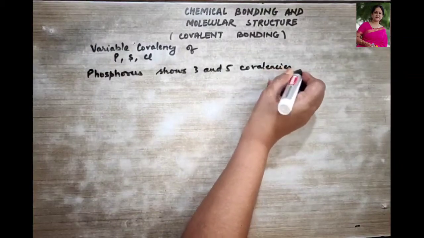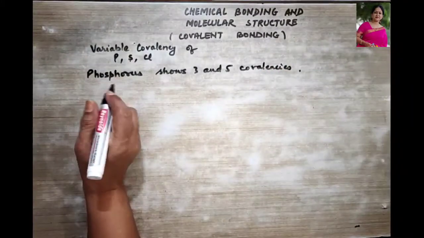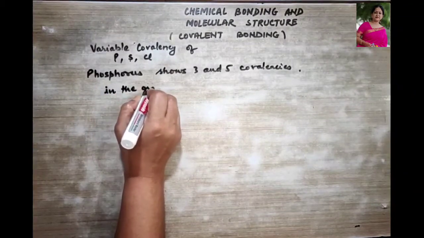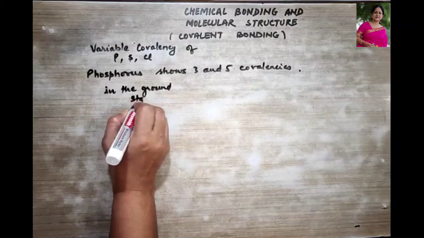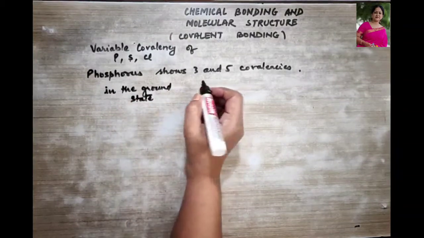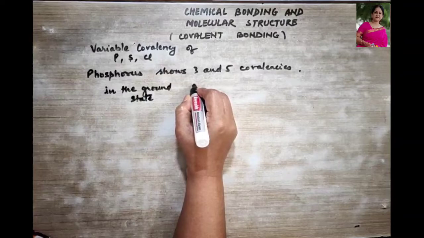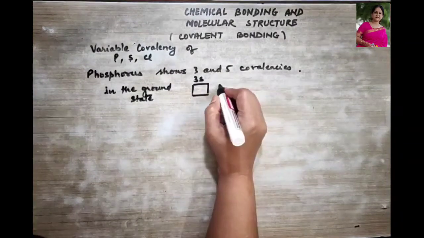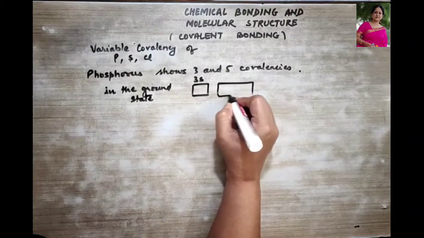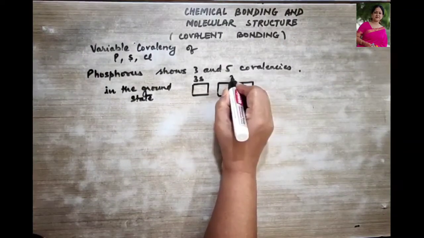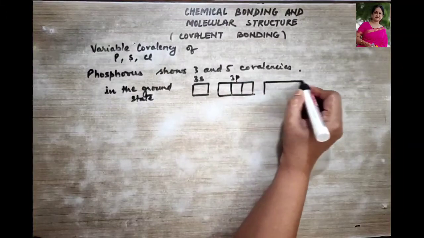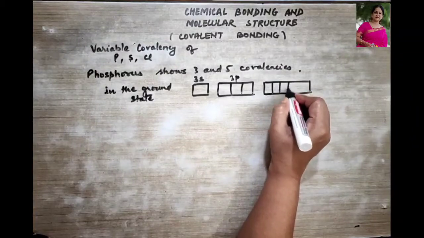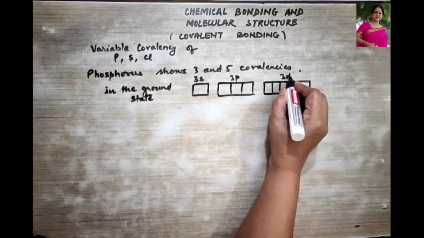covalencies, right? So let's see the phosphorus atom in the ground state. In the ground state, how do we configure phosphorus? It is 3s, 3p, this is 3d.